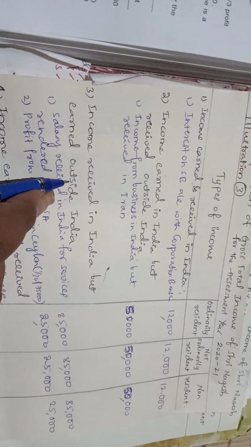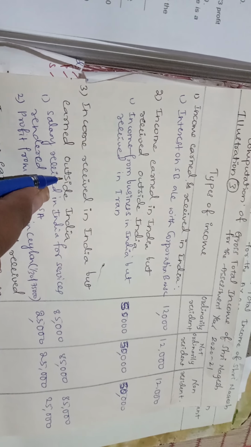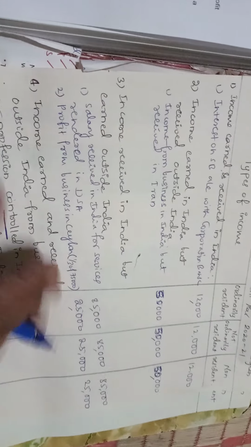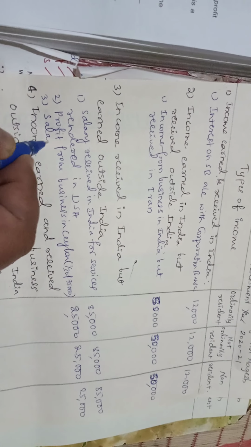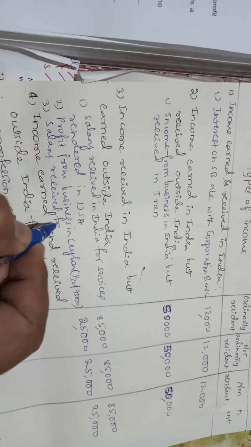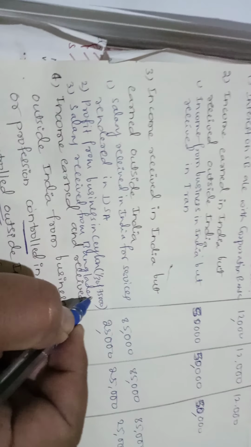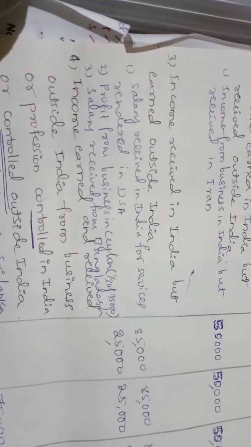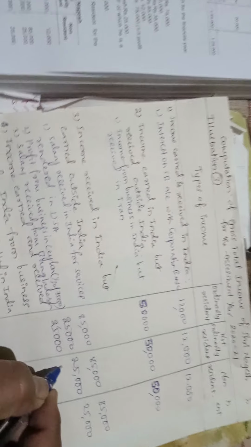From Bangladesh you have earned income, but the salary is actually received in India. That is why accrual of income will be Bangladesh. So here I am going to write salary received from Bangladesh. What is the amount? Amount will be 25,000.